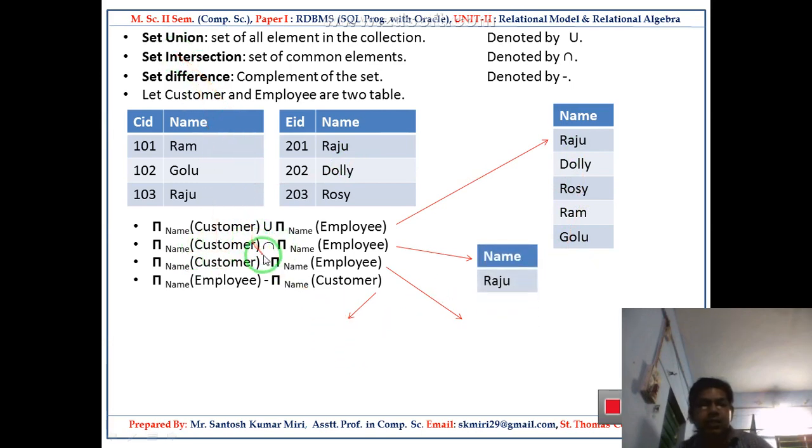The set intersection operation gives the names which are available in both tables, such as Raju.